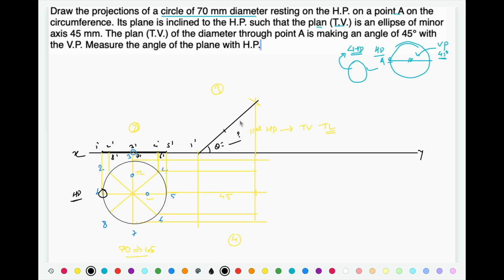Now locate the remaining points also. So 2 dash, 3 dash, 4 dash, 5 dash, 6, 7, 8 dash. Project all the points vertically downward.